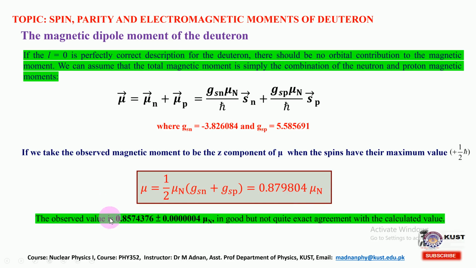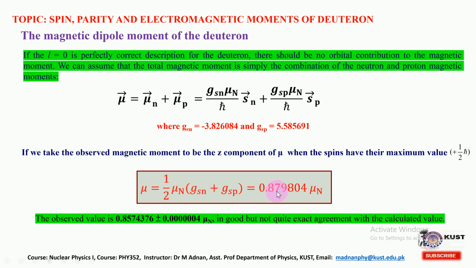Now the observed value is around 0.8573 in nuclear magneton. So if we compare the observed number with the theoretical justification that we are discussing in this lecture, it is in good but not quite exact agreement with the calculated values.